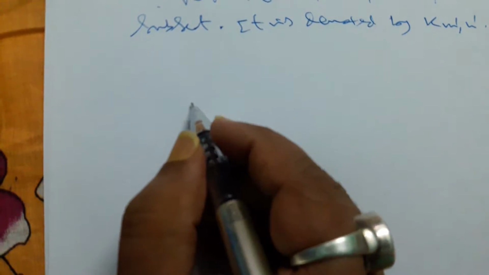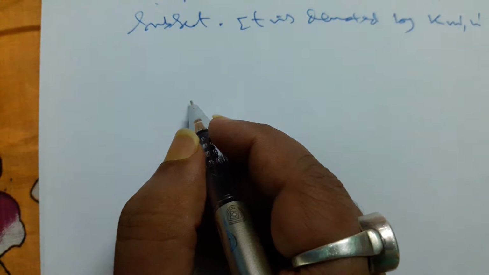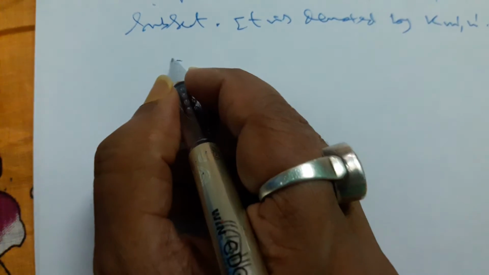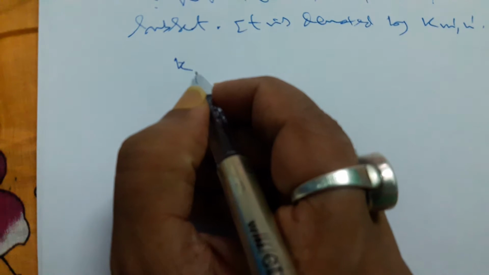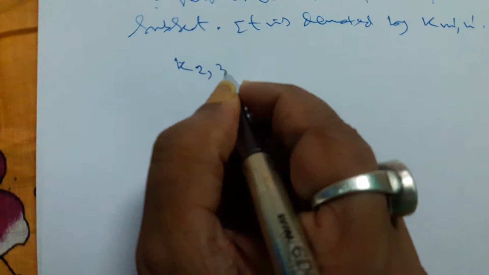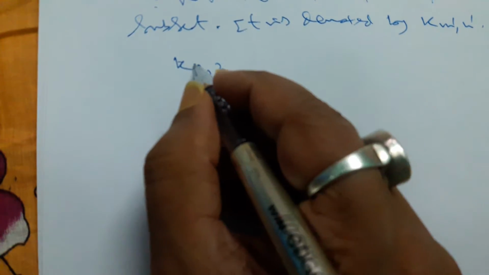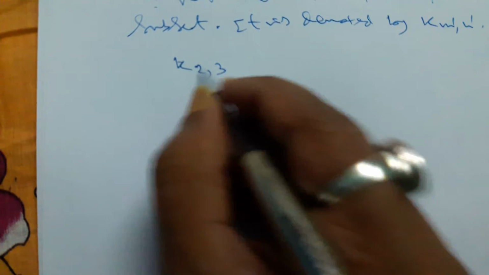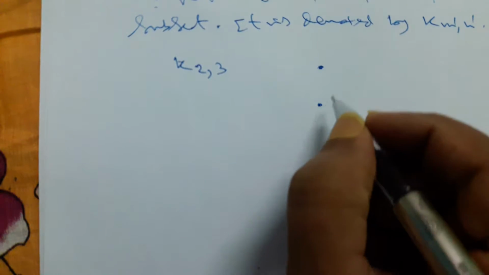Now let us see with the help of an example. Suppose we consider K 2, 3. The number of vertices here is 2.